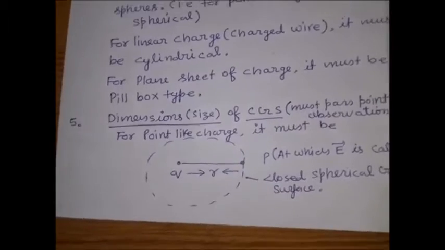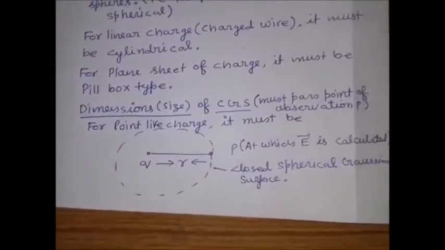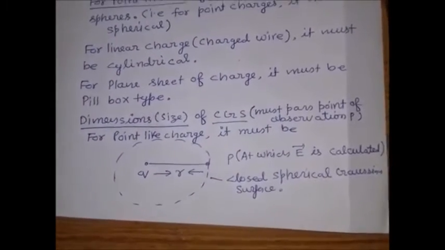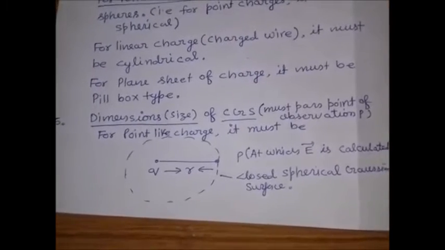Okay, now what must be the dimensions of the Gaussian surface? What is the size of the Gaussian surface?